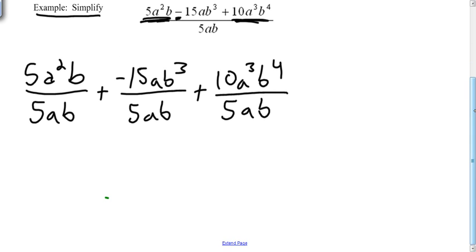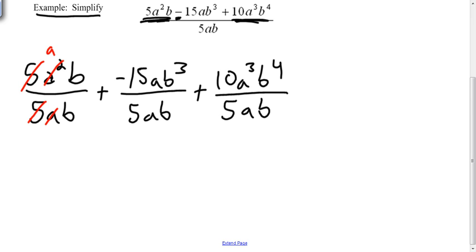Now, to figure this out, we just simplify each one individually, and we can look at our first one and notice that 5 goes into 5 one time. So those ones divide out, leaving us just with 1. A goes into a squared and leaves us just with a. Now, how we can see that is a squared, again, being a times a over a. So we just take one out of each, and we know that we have just that a left.